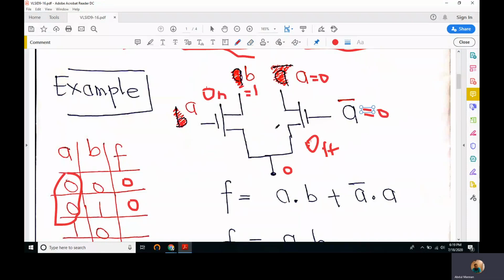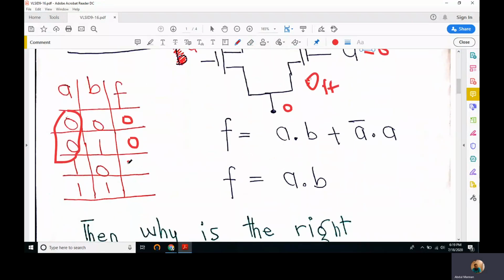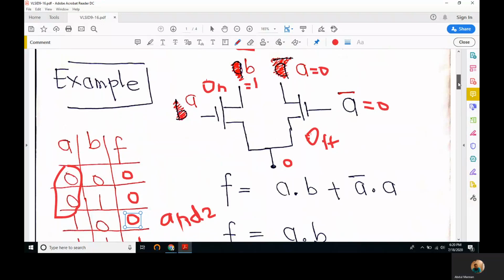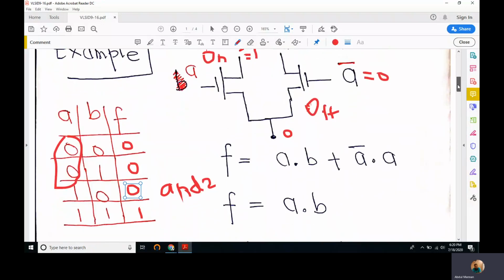So the right transistor is off, whereas the left transistor is on, and whatever is on B we get at the output. So here B is equal to 0, we get a 0 at the output, and now B is 1, so we get a 1 output. So this tells us that it's a 2 input AND gate, and it has verified all the entries in the truth table of a 2 input AND. So this is how we can implement an AND operation using pass transistors.